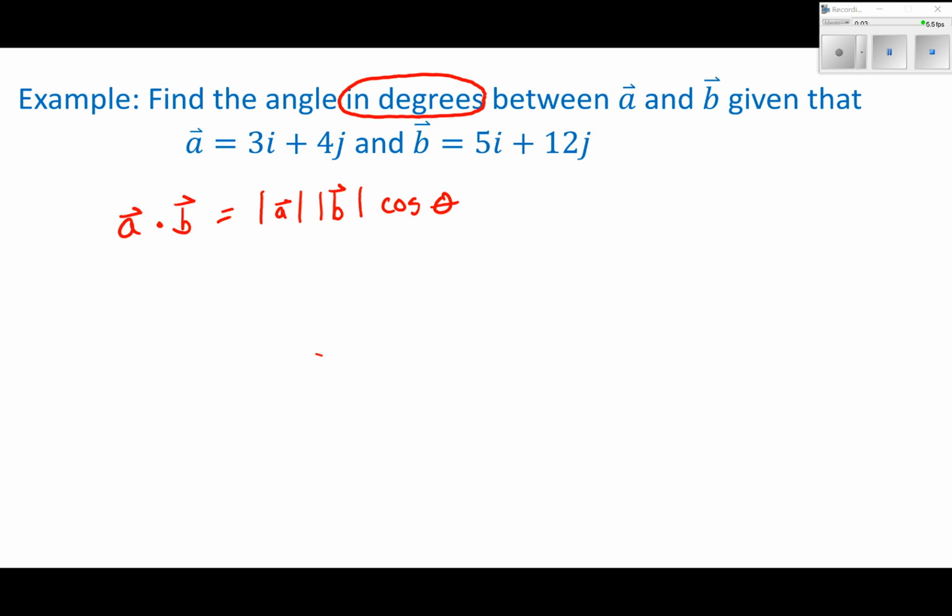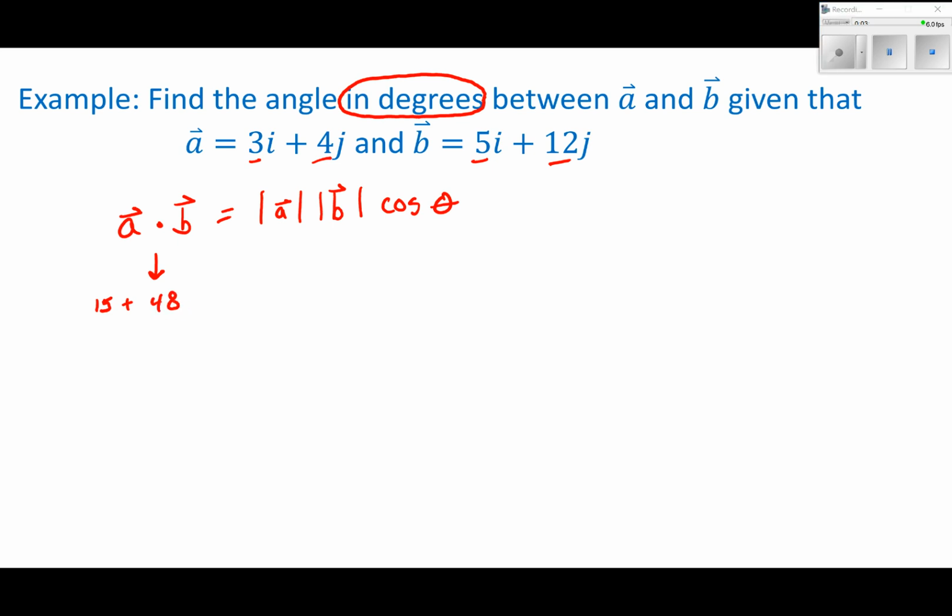All right, well, first off, let's figure out what this dot product is. In the dot product, we're going to look at the coefficients on i, so 3 times 5, which gets us 15, plus 4 times 12. When we work that out, we end up with 48.